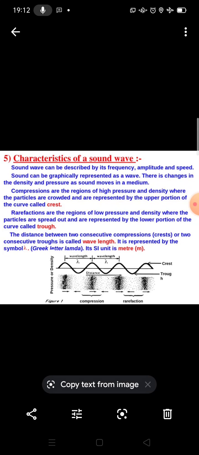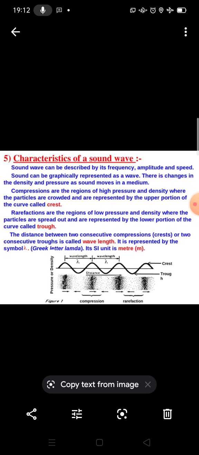So students, sound can be graphically represented as a wave. There is a change in the density and the pressure as sound moves in a medium. And we have discussed compression and rarefaction. Compression means high pressure, where the particles are crowded.